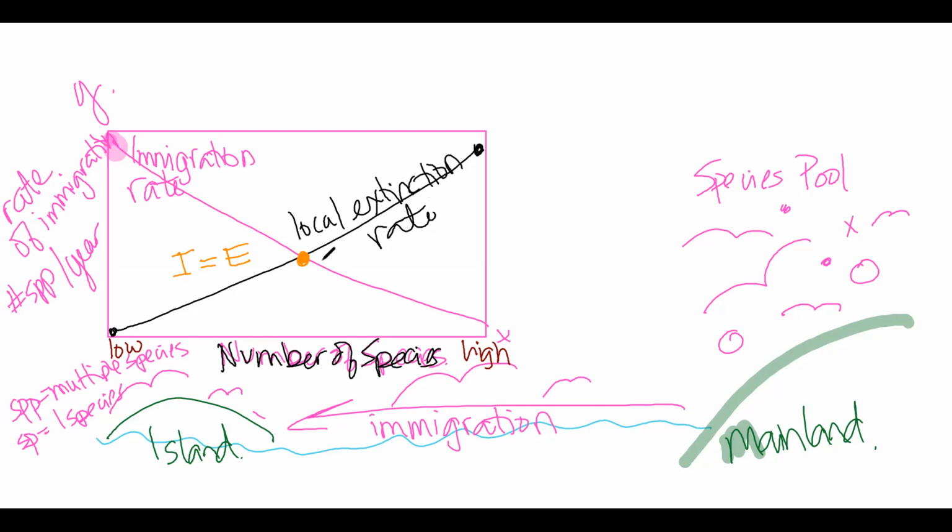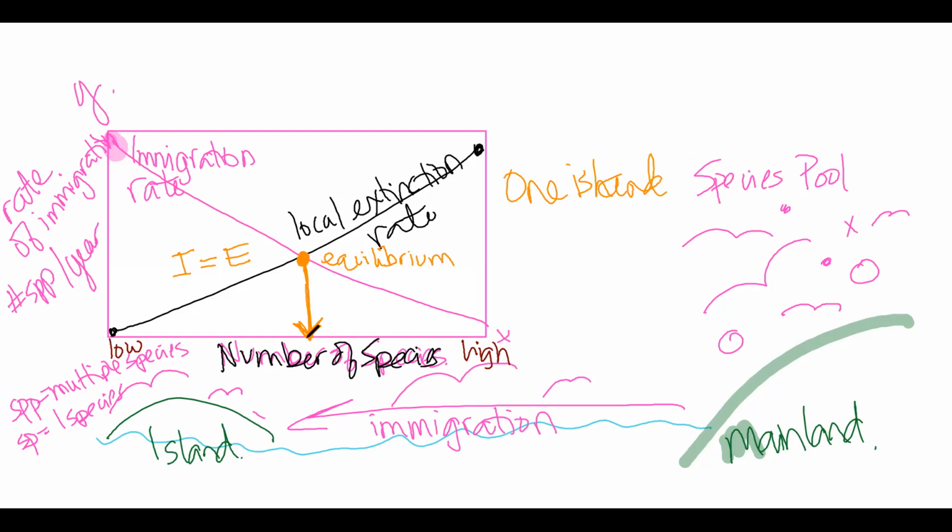So this is an equilibrium. And if we just read down, we can see at what number of species you'll achieve this equilibrium on this particular island. And we're just talking about one island here. So we have one island and we can see what is the equilibrium number of species where immigration and extinction will balance each other out.